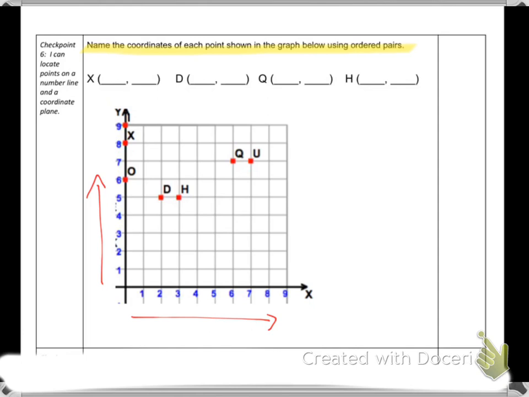For example, x, when you're doing these, remember you're starting at the origin or the center. For x, you do not go right or left, you stay, which means you're going to have 0, and you go up 8 spots. So our coordinate for x is going to be 0, 8. Answer the rest of the question. Pause the video, then hit play when you're ready.